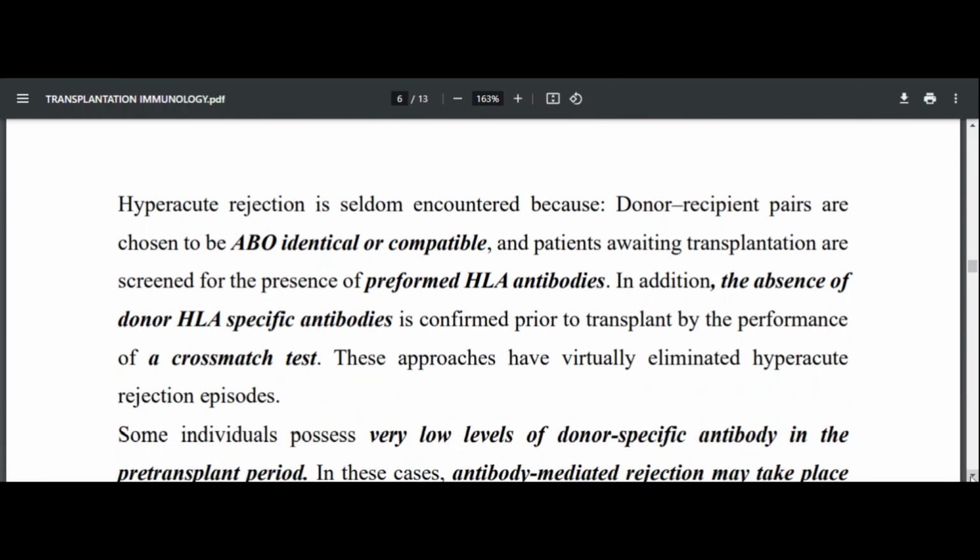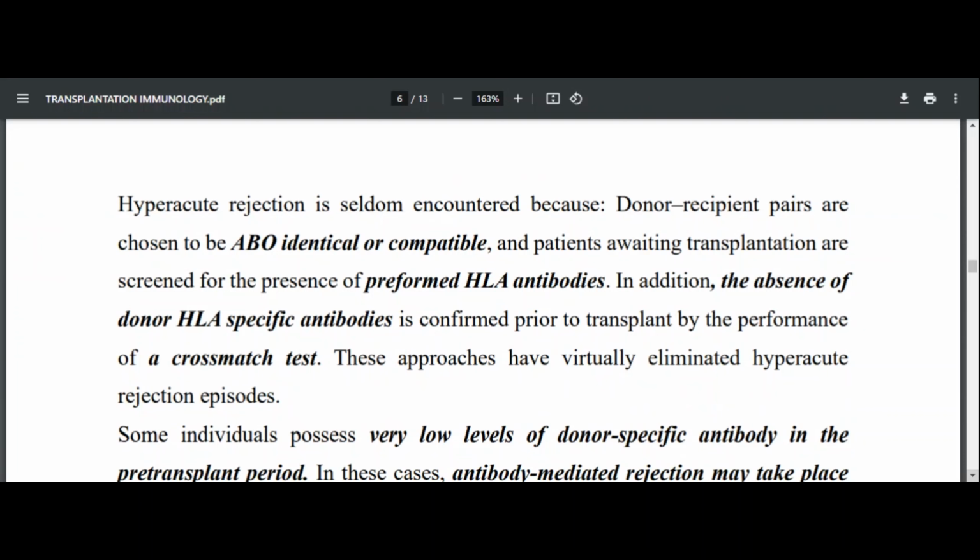Hyperacute rejection is seldom encountered because donor-recipient pairs are chosen to be ABO identical or compatible, and patients awaiting transplantation are screened for the presence of preformed HLA antibodies. In addition, the absence of donor HLA-specific antibodies is confirmed before transplant by performing a crossmatch test. You remember yesterday we talked about various crossmatching tests to identify antibodies against human leukocyte antigen.